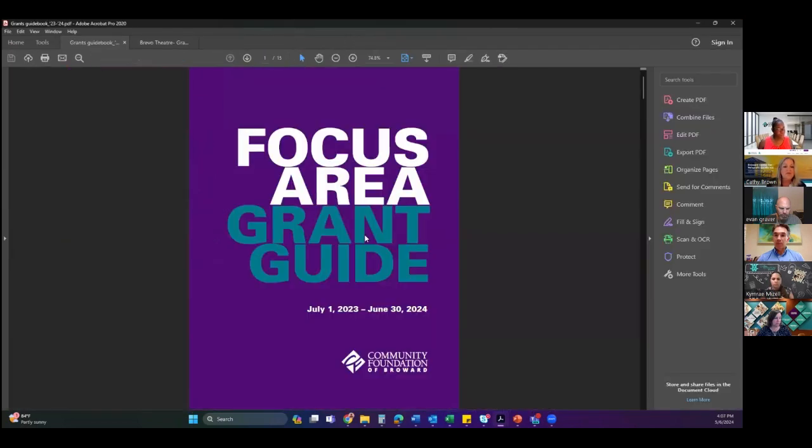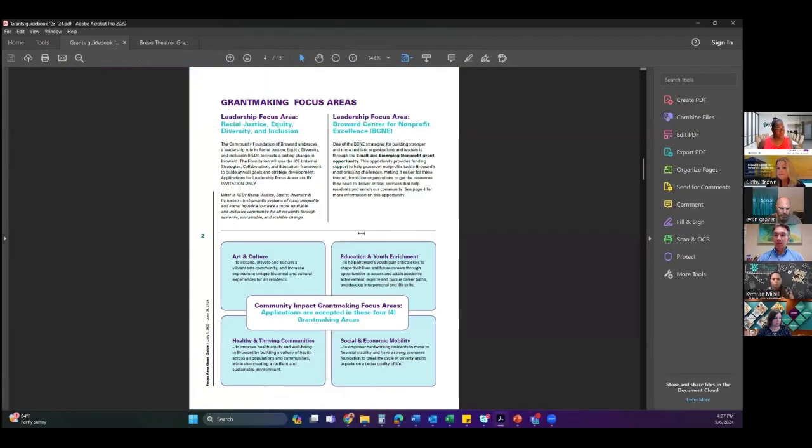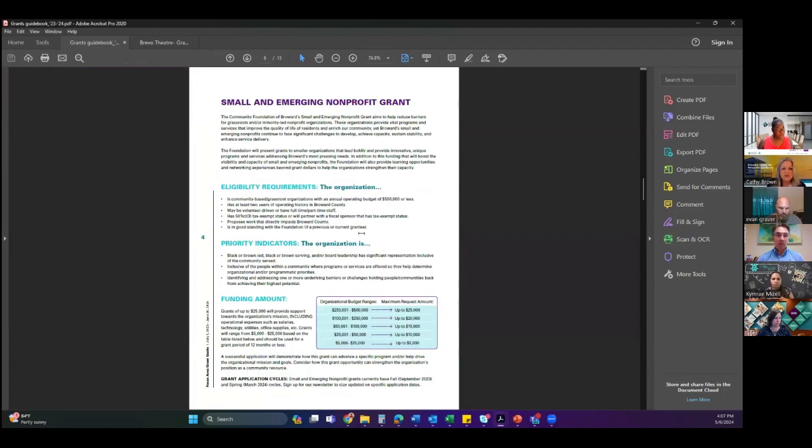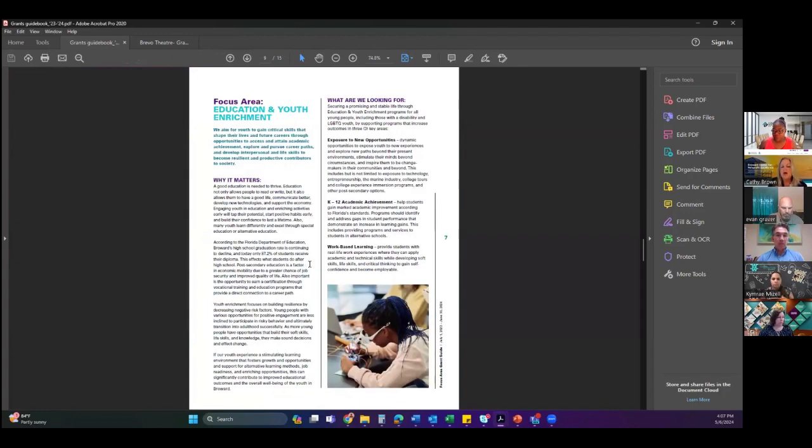So here's what we have for the moment. And you can see it goes through all of the information we were sharing with you about the different focus areas. There'll be some updated information for those of you that have smaller organizations as to what that looks like.